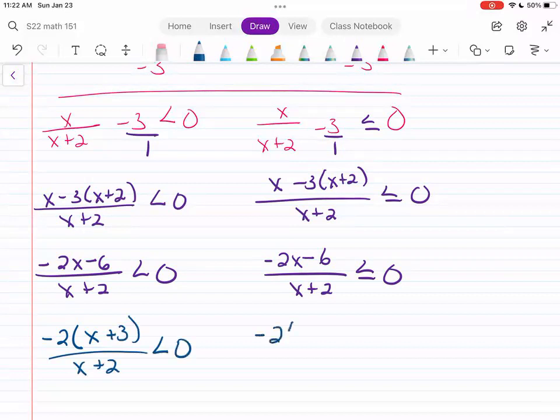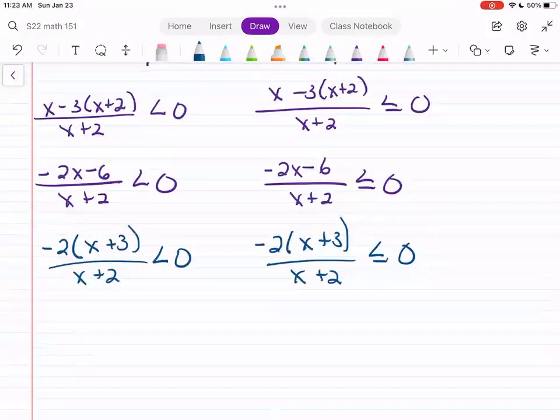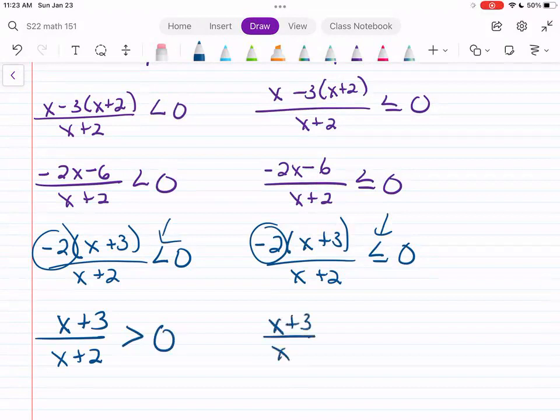If I pull out a negative 2 here, now I can divide this by negative 2, which tells me to flip this inequality. So I end up with x plus 3 over x plus 2 is greater than 0, or x plus 3 over x plus 2 is greater than or equal to 0.